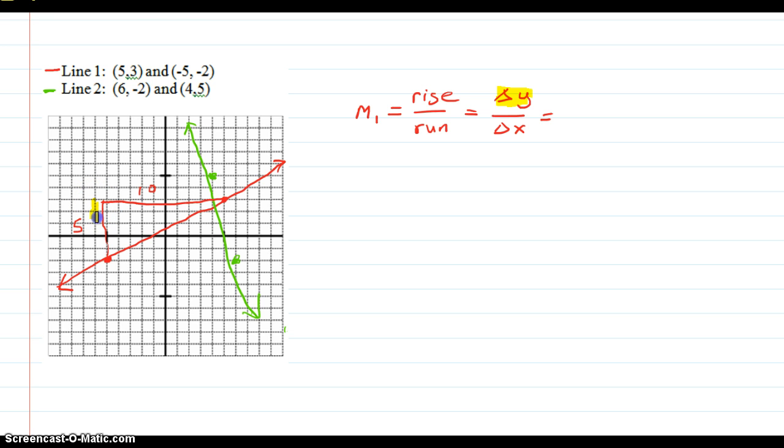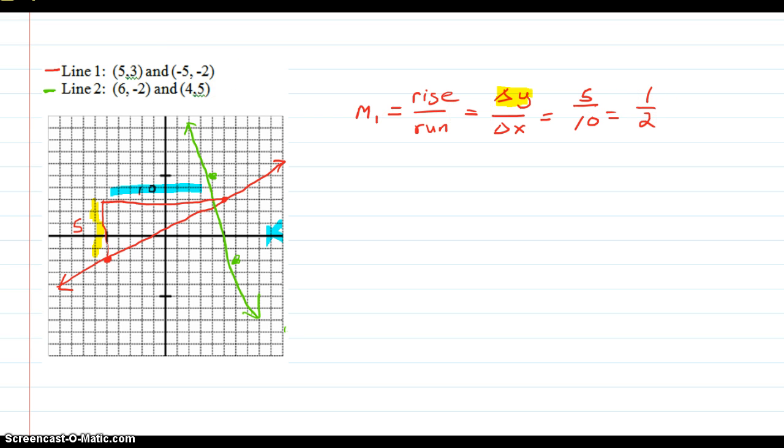This is how much I'm going up. x, my run is how much my x values are changing. This is the x-axis. So it's 5 over 10. You always want to reduce your slope. So that gives us 1/2.